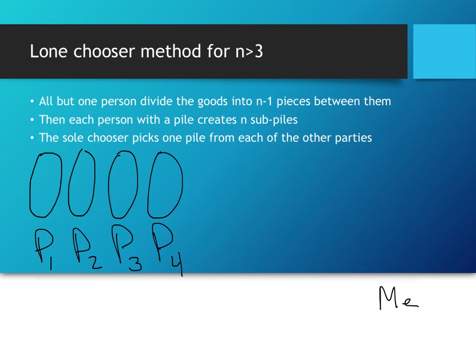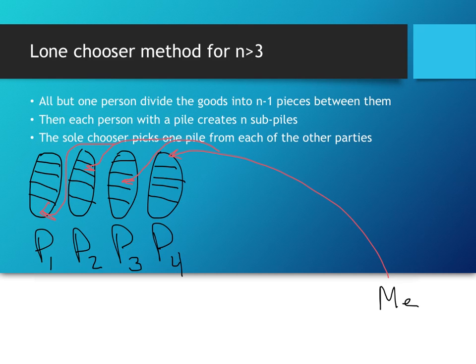And then what they do is they split this up into 5s. All right. And then I get to come along and say, well, I like this pile from person 4, and I like this pile from person 3, and I like this pile from person 2, and I like this pile from person 1.